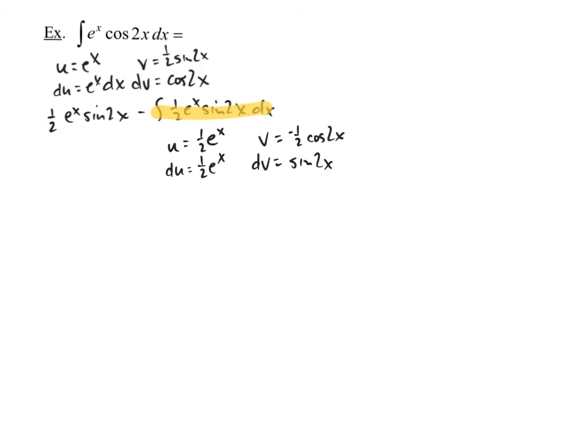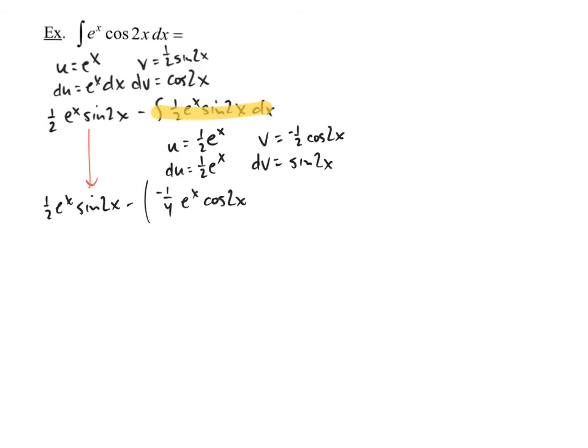Okay, so now this term right here is just going to float down, and we're going to have 1/2 e to the x sine of 2x minus, when I do this part of the integration by parts, that minus is going to have to go to both terms, so I'm going to open a parentheses, and this is going to say negative 1/4 e to the x cosine 2x.